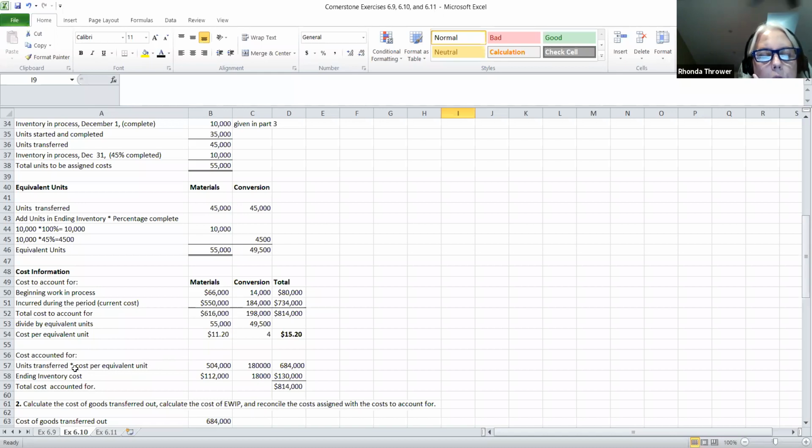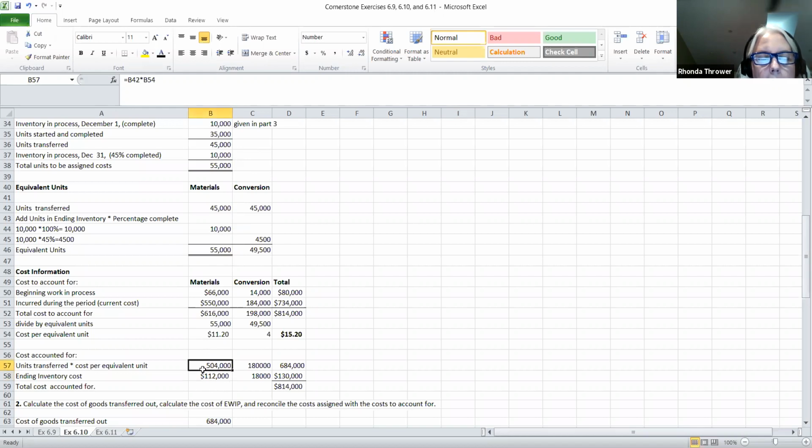So moving back down to the cost to be accounted for, in the weighted average method, we're just concerned with the units that we transferred. Remember, we transferred out 45,000 units. But to find the cost of those units transferred, we would have to multiply the 45,000 units times the cost per equivalent unit, which was $11.20, and that will give you 504,000.